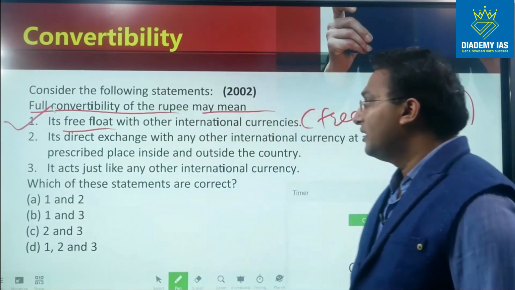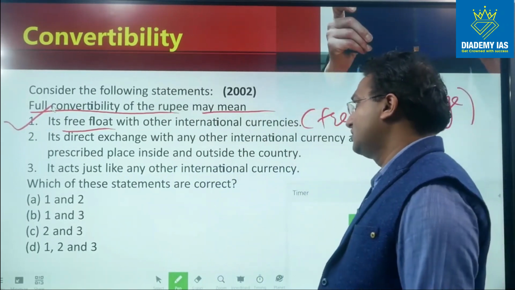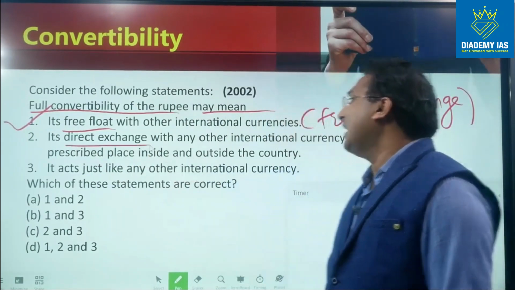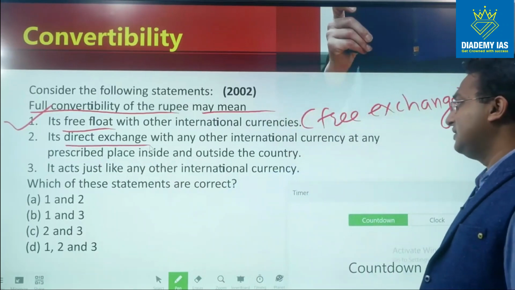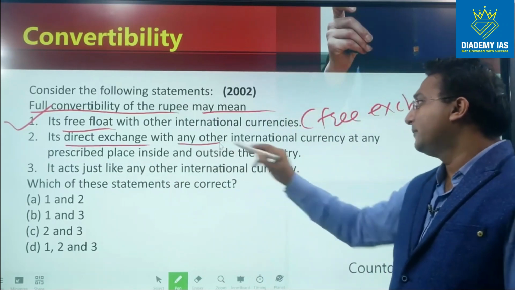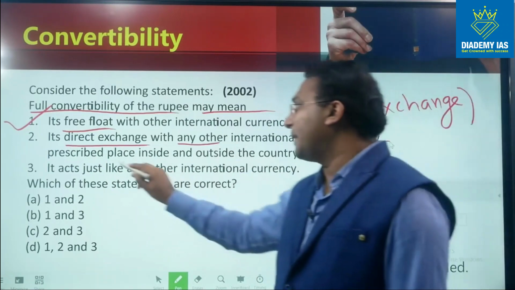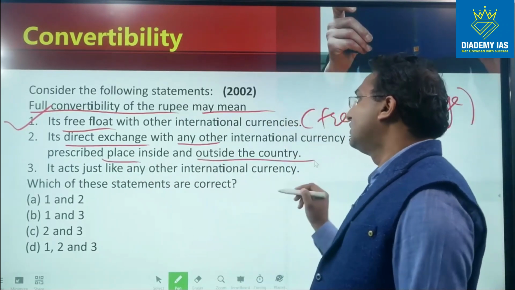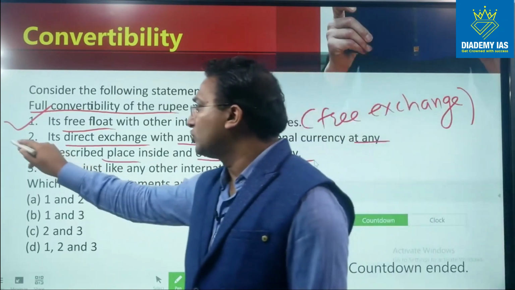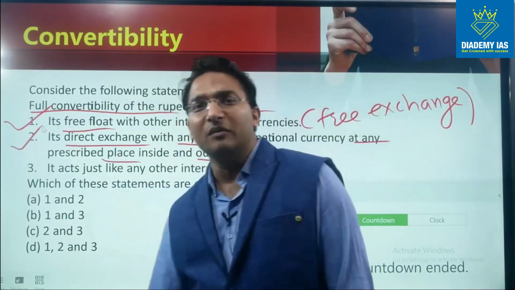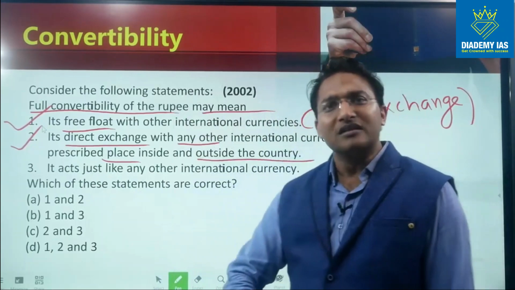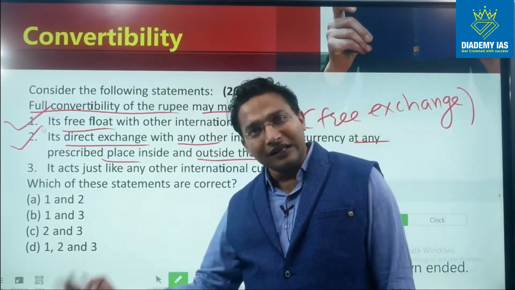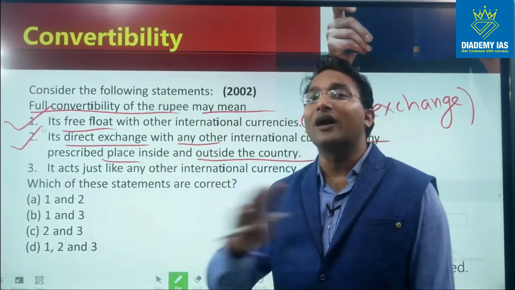Statement 2, it's direct exchange with any other international currency at any prescribed place inside and outside the country. This is also true, because full convertibility means the domestic currency can be converted into foreign currency and vice versa. There is no condition attached.